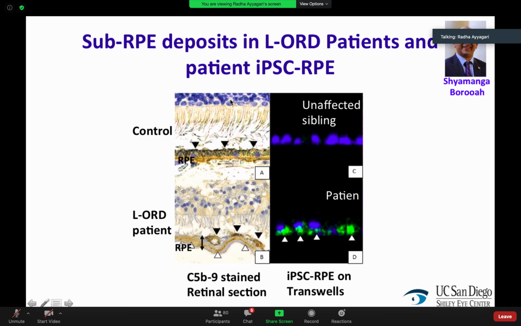This is the age-matched control. You can see the formation of deposits in this particular patient. We also have iPSC lines of these patients and unaffected siblings. Shyamanga generated the RPE from these, and he demonstrated the formation of these deposits in this iPSC differentiated RPE model also.